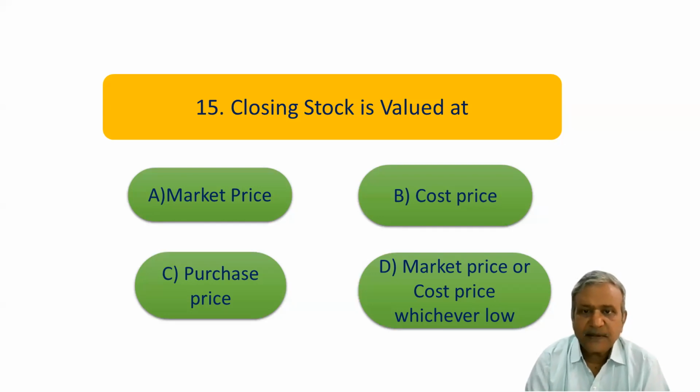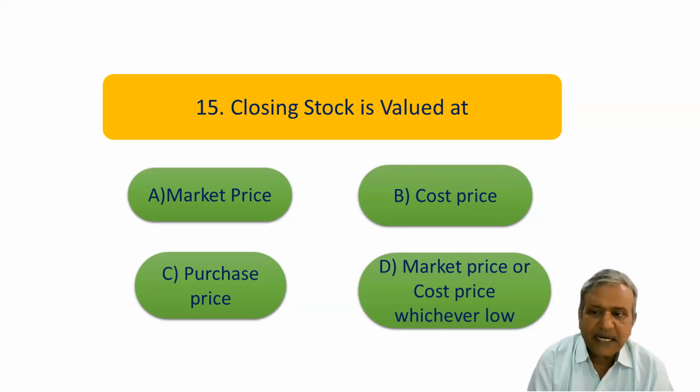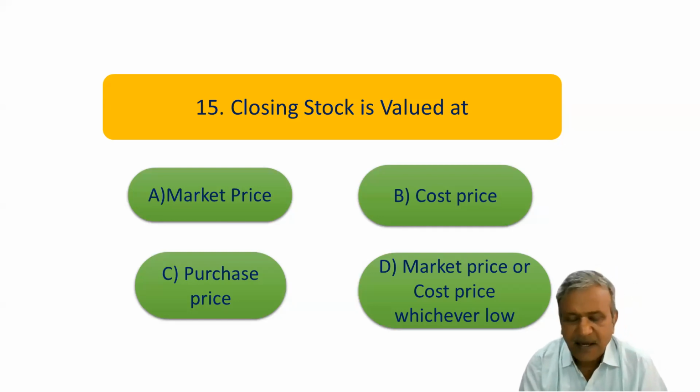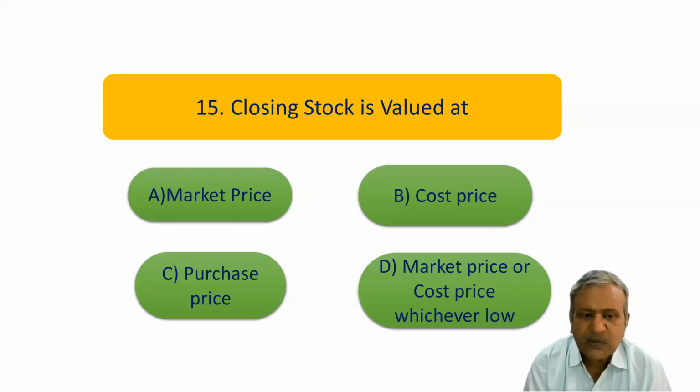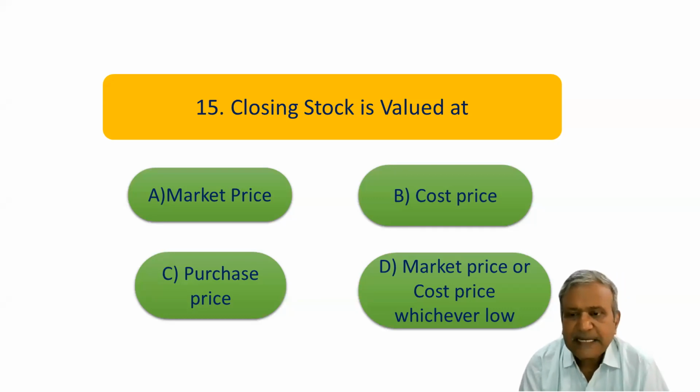Okay. Now, D is the correct answer. Closing stock is taken at the market price or cost price, whichever is less. Suppose I purchased a TV, a Solidaire TV, in 2010, for 10,000 rupees.